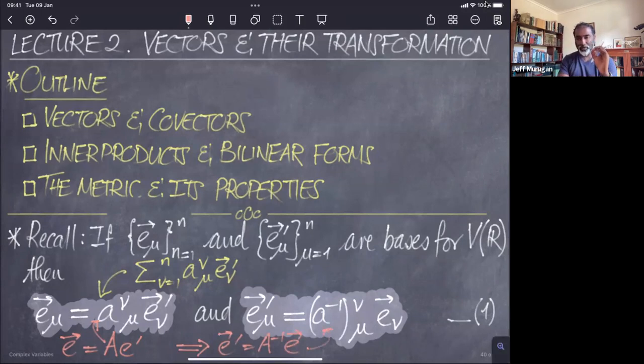It's saying that I'm inverting this equation by multiplying from the left with the inverse of the matrix A. The matrix A as a transformation of bases is an invertible matrix. Its inverse is denoted by A inverse, and the components are denoted by A inverse mu nu. So this equation here on the right-hand side is nothing but the component form of this matrix equation here. Again, everybody with me?